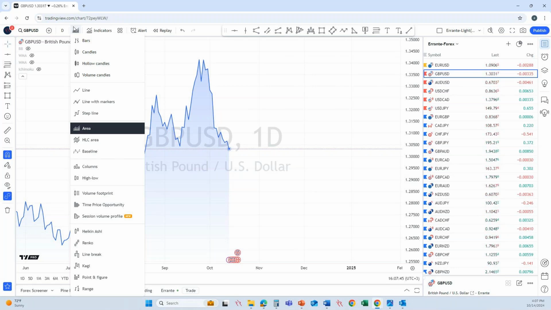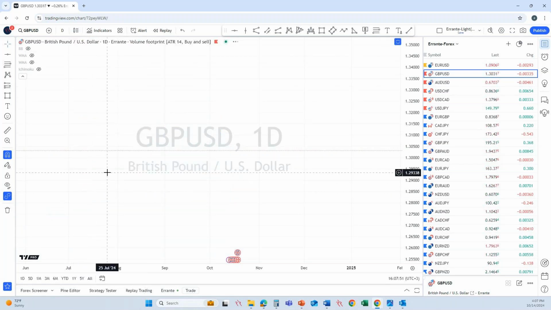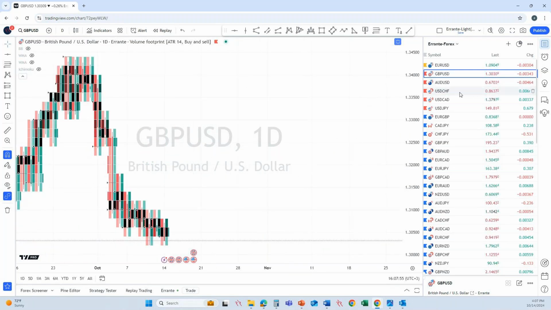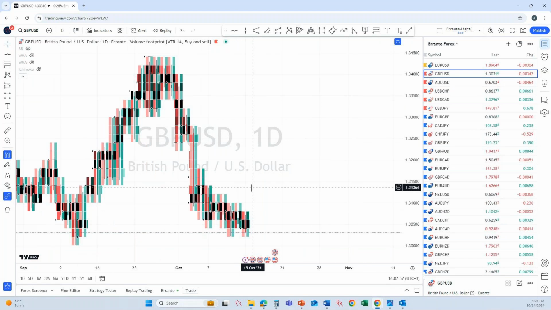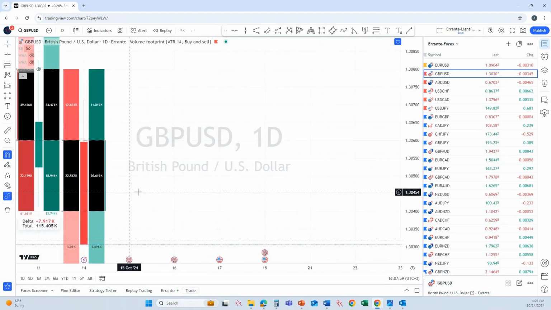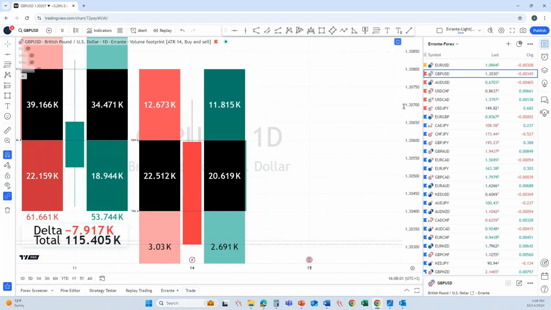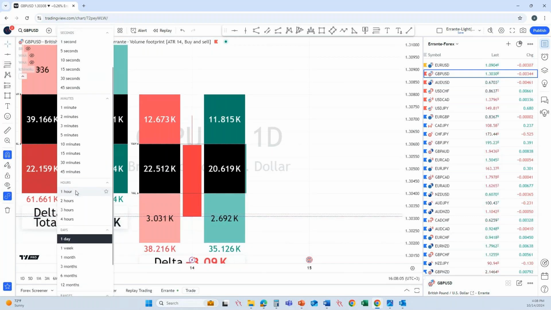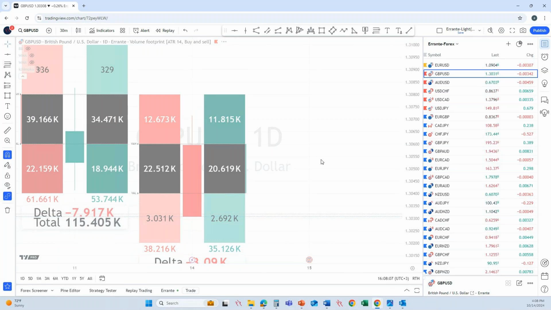Okay, let's find it here. You see down the list here, we have the volume footprint. And let's give it some time to appear on our chart area. And now here is what we see. And let me change to maybe a lower time frame, that would reveal more information.